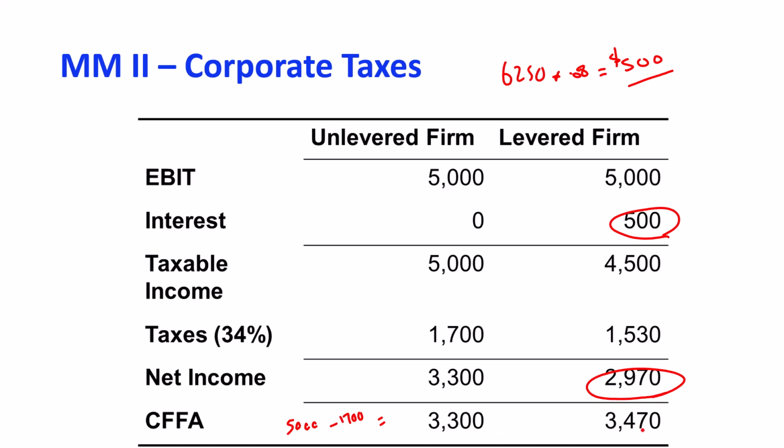For the levered firm, on the other hand, it is 4,500 minus 1,530, which is 3,470. As you can see, the cash flow from assets for the levered firm is higher by $170 for the levered firm.